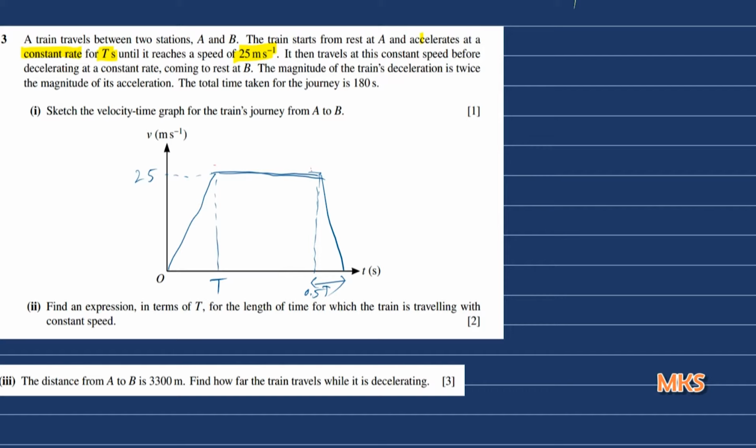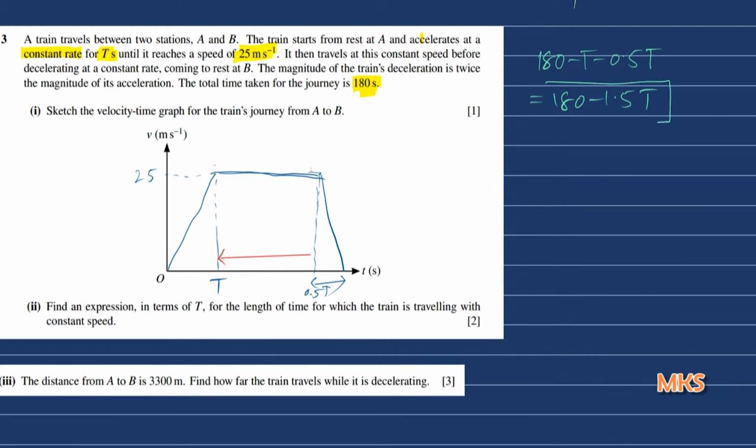The second part is: find an expression in terms of t for the length of time for which the train is traveling with the constant speed. So actually we are asked to find this part, this time, whereas we are given that it takes 180 seconds totally. 180 minus t minus 0.5 t, so that will be 180 minus 1.5 t.